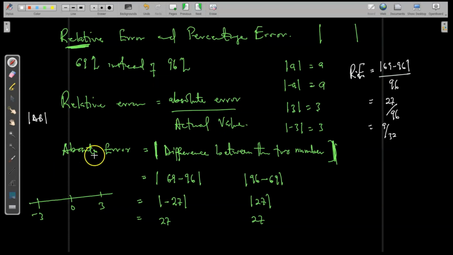And absolute error is simply the difference between the two values that makes the error. So if you have to find a relative error, that means your answer has to be a fraction. Exactly. Then for an absolute error, your answer has to be a single number, a whole number.